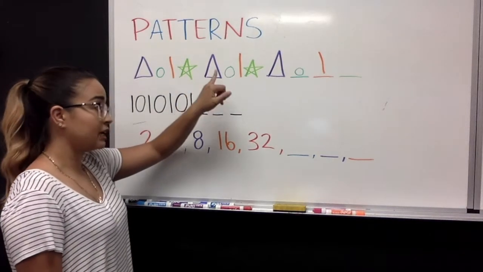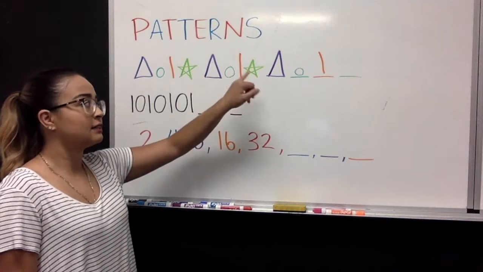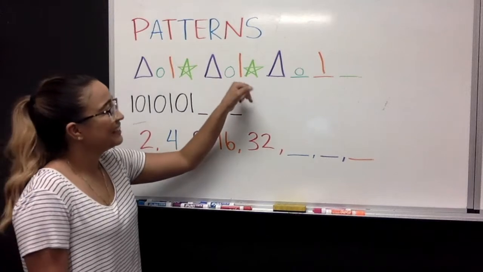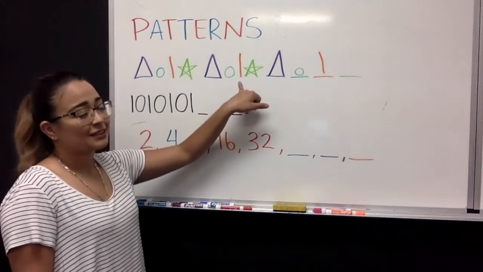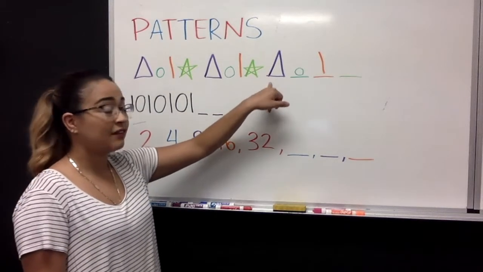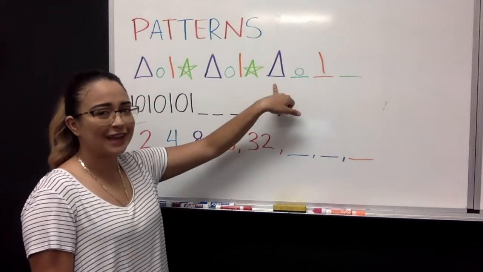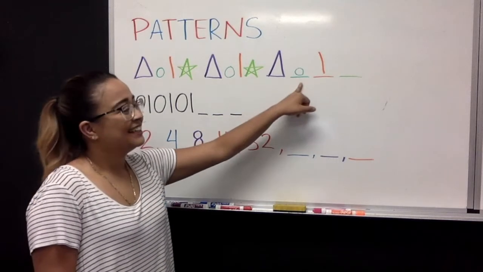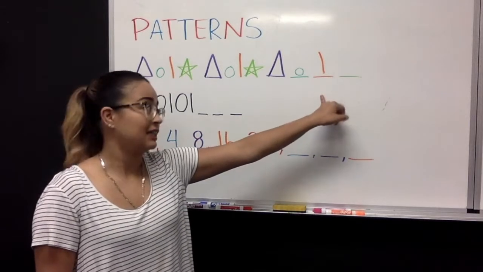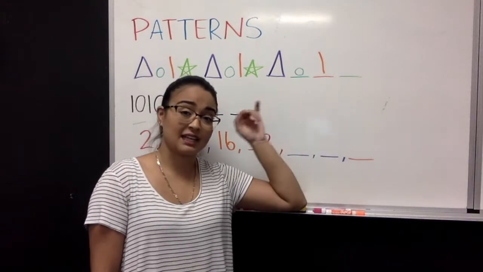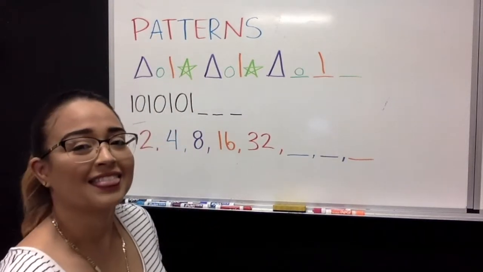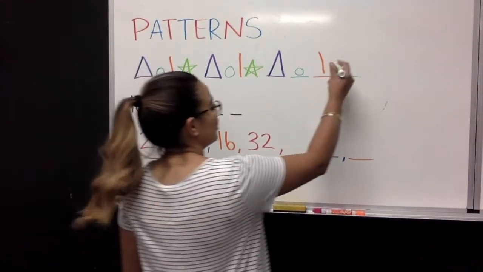It's purple triangle, small green circle, orange line, and a lime green star. It continues. We have the purple square, purple triangle, small green circle, and an orange line. What would end this sequence? That would be our lime green star.